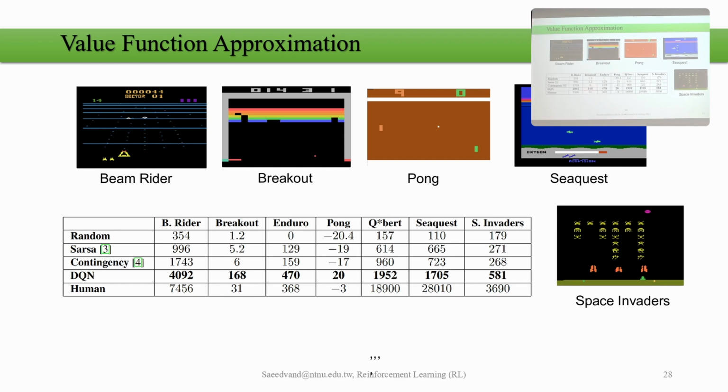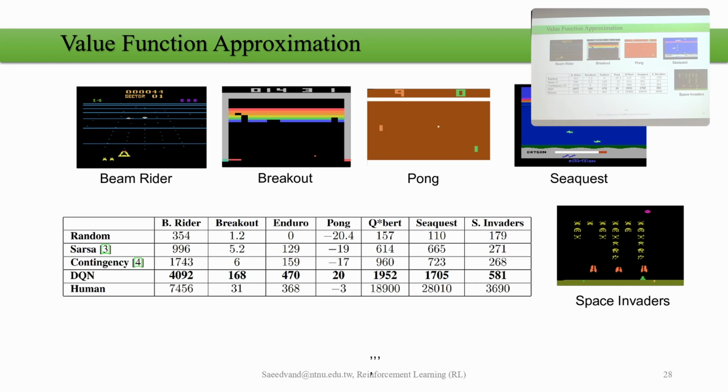Like here, 168 is the result, but for human it is only 31. Much better than human. In this game also 470 over 367. In Pong, human got -3, but deep Q learning got 20. In another game, human was better here, and here human was better. On Space Invaders, human was better, and here human was better.